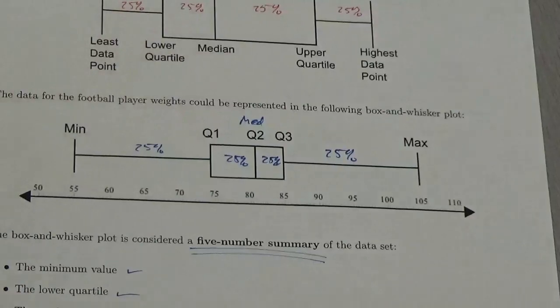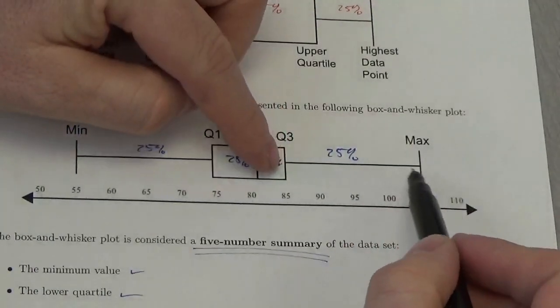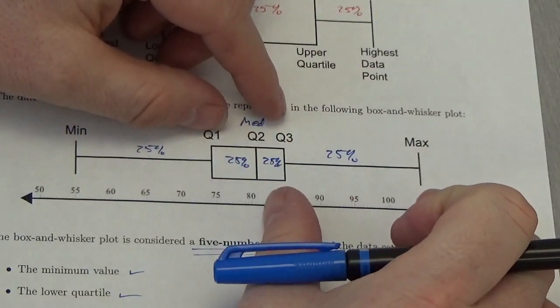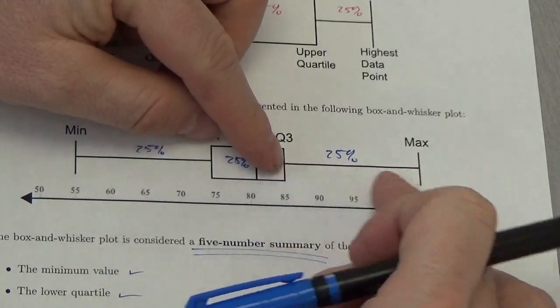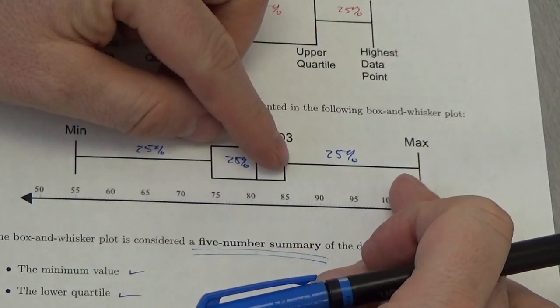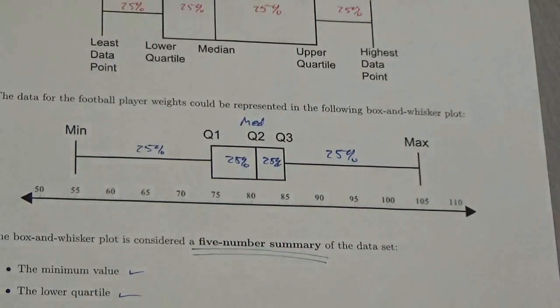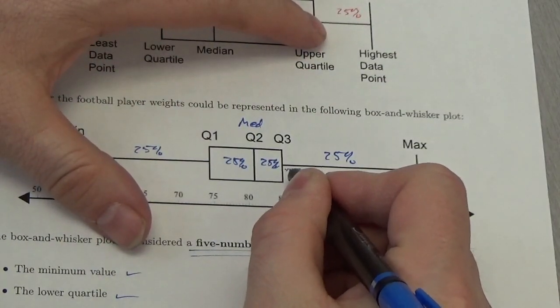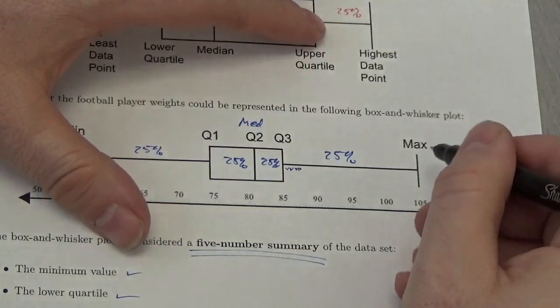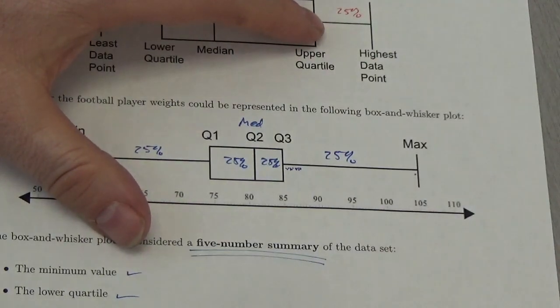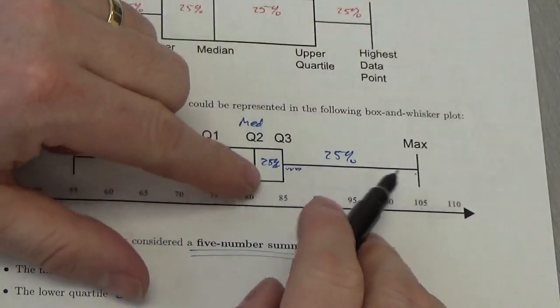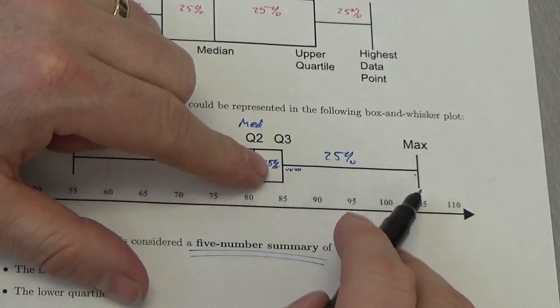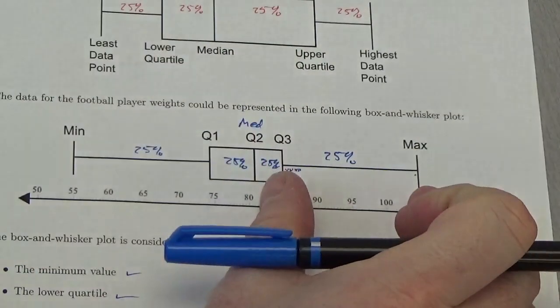So just to give you an idea here, this maximum part right here has got 25% of the data. But it is entirely possible that, let's say, most of those data values are right here, and then there's one data value that's just way out there, just that one. But that's what's pulling that maximum way out there and making it look like there's this huge spread.